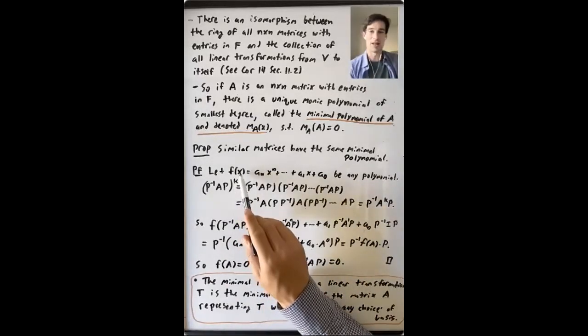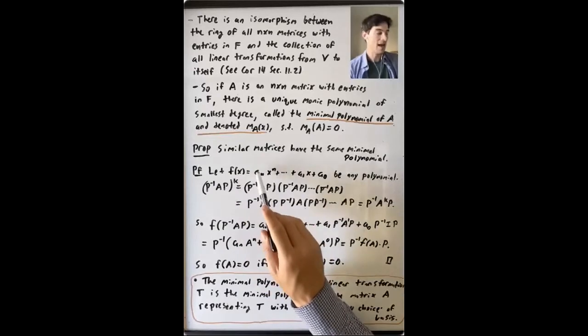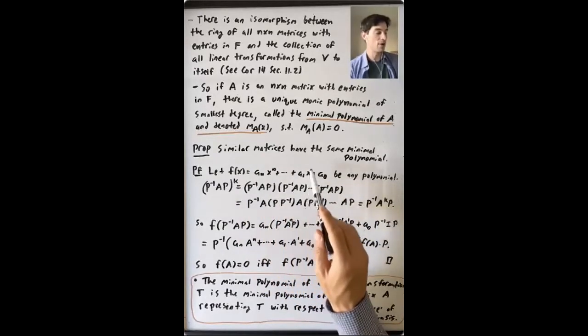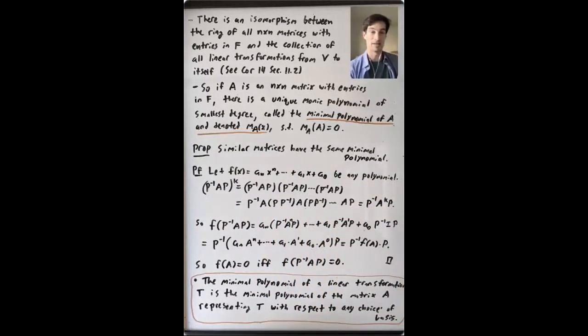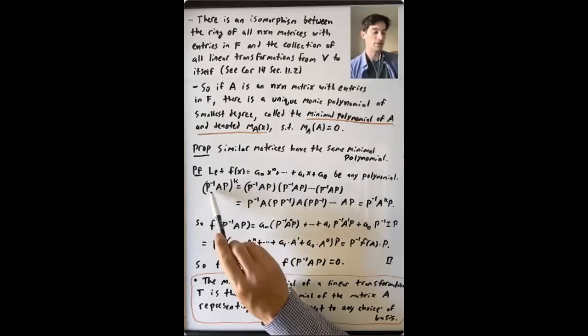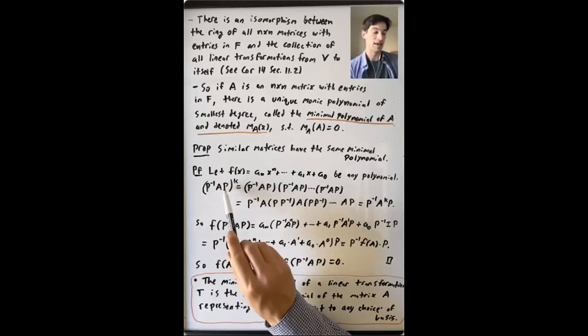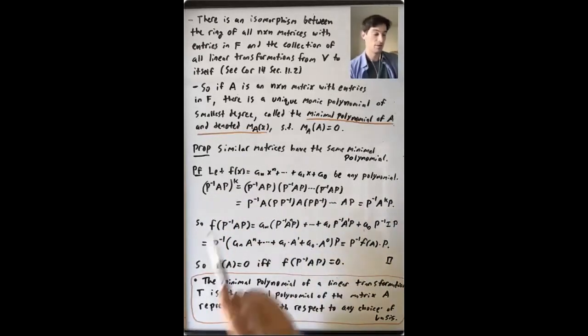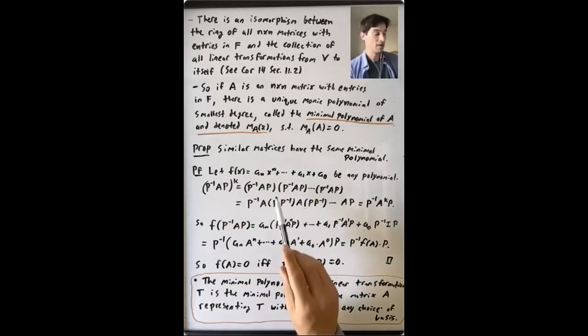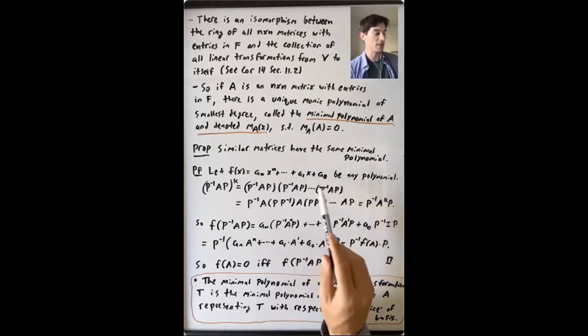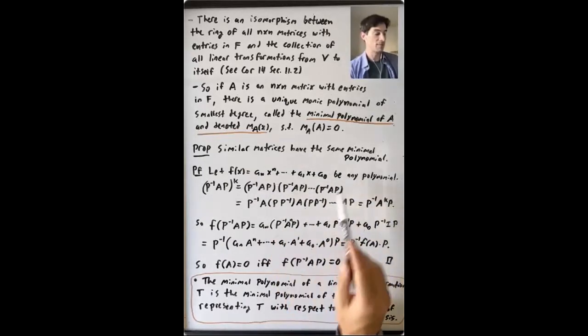So let's take any polynomial, f(x) = a_n x^n + ... + a_1 x^1 + a_0 x^0, where these a_i are just elements of our field F. What happens when you take P inverse A P and raise it to a power k? This is an n by n matrix, so we can multiply it by itself k times. It's P inverse A P, P inverse A P, and so on, k times.